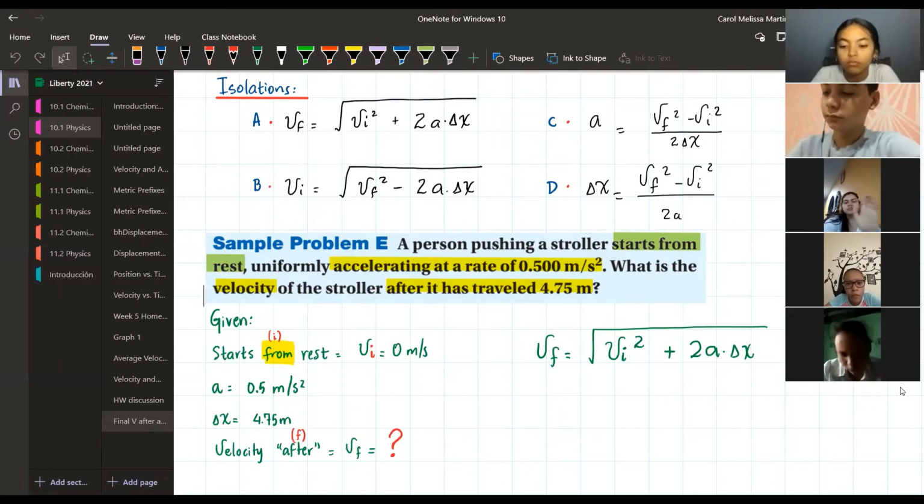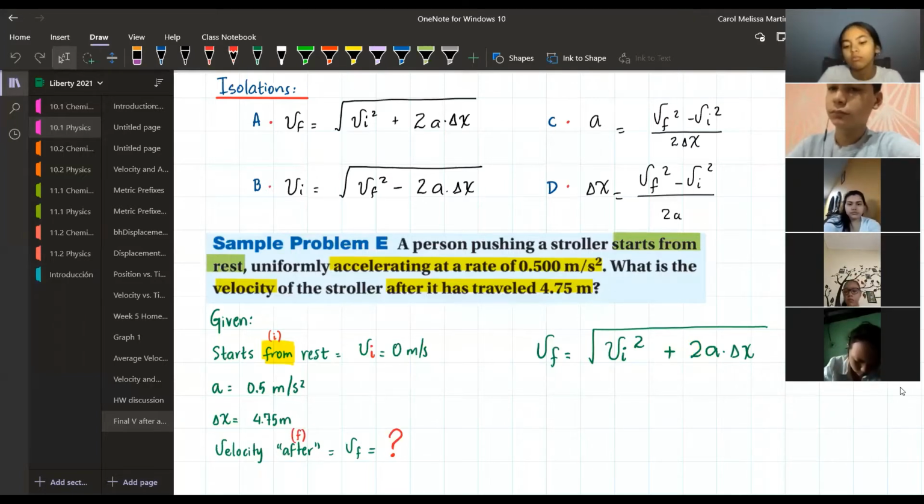That 2 is a coefficient, okay? So it's going to multiply the acceleration and the displacement. It's like a distributive property, but it's not going to change your answer too much. Just put them together. You can write it like that, or you can write 2 times a times delta x, it's going to be the same.